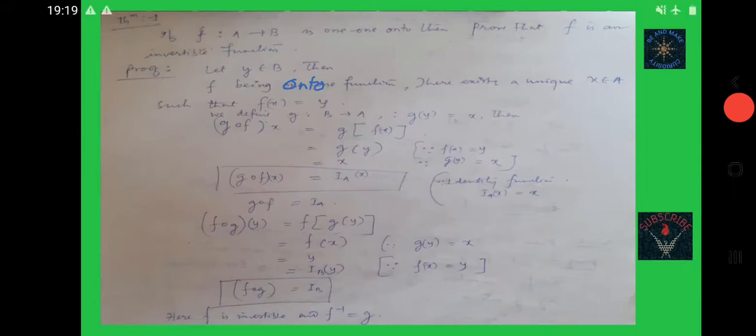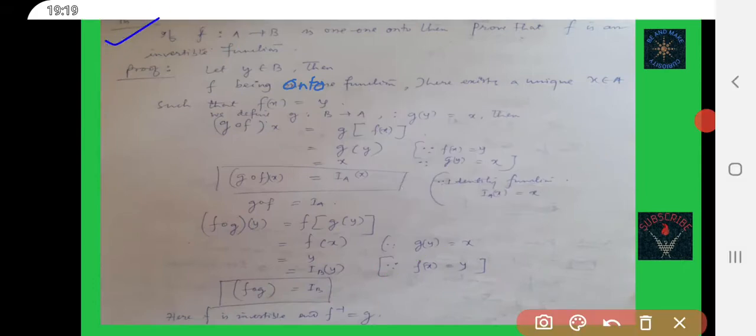Now come to a theorem: if the function f mapping from A to B is a one-one onto function, prove that f is an invertible function. Here what is given is that the function f is one-one and onto.